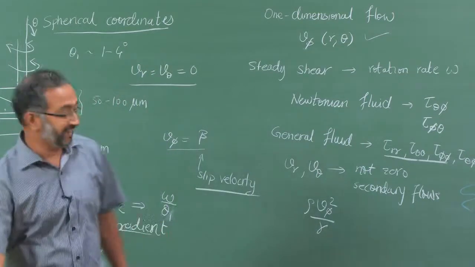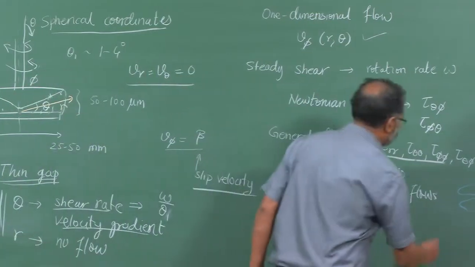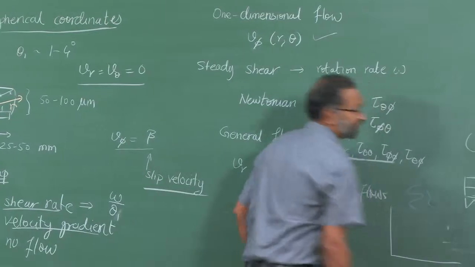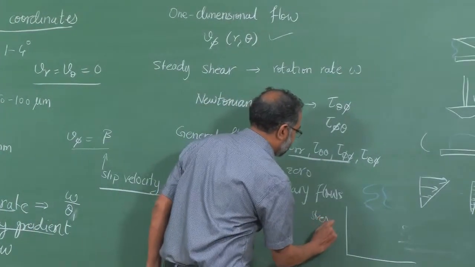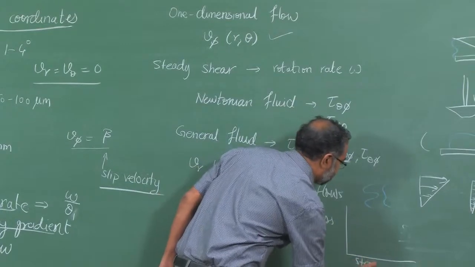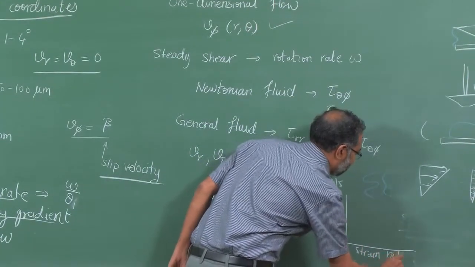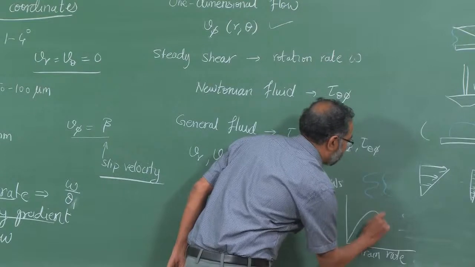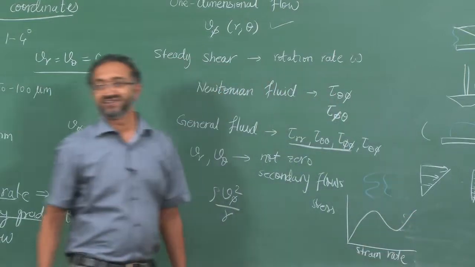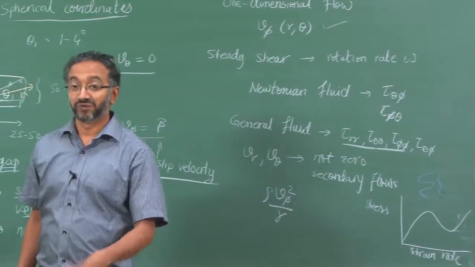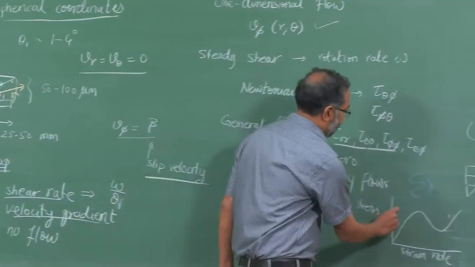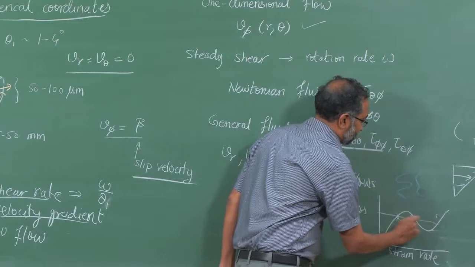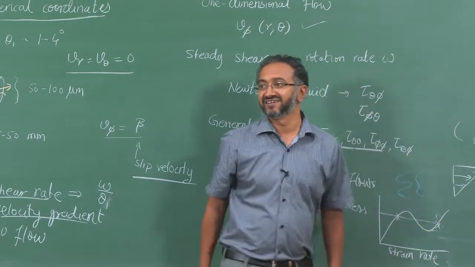So, actually for a shear banding material, from a theoretical point of view, if you look at stress versus strain rate, if we have this kind of behavior, if a material is able to have this kind of behavior, what we have is that at one particular stress it is possible that there are two strain rates.